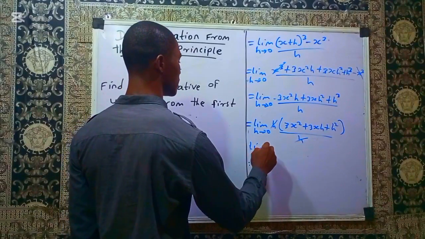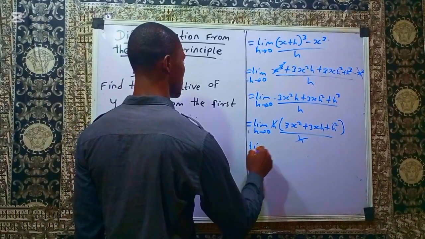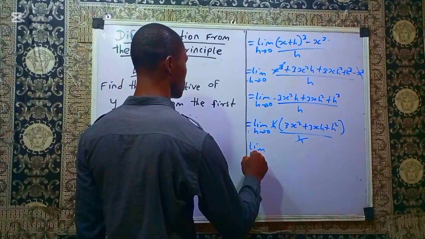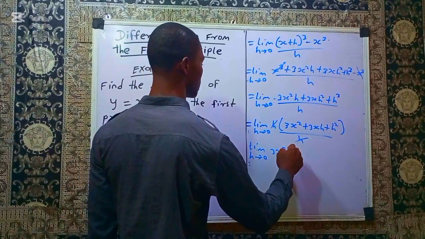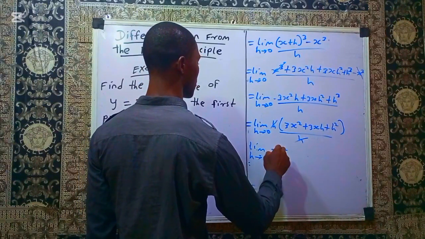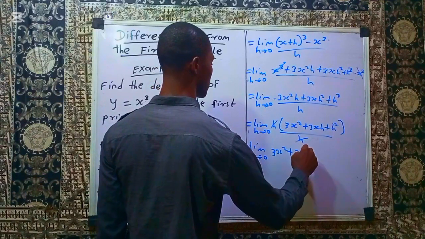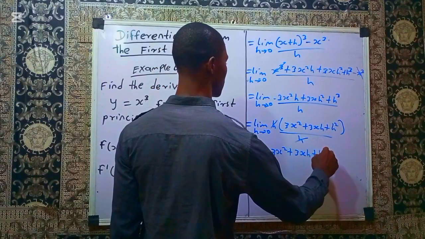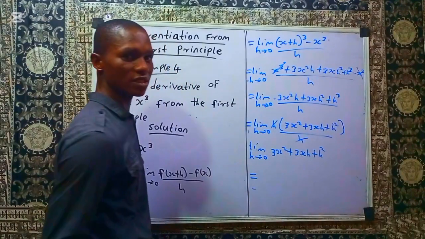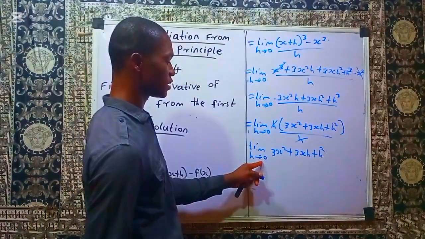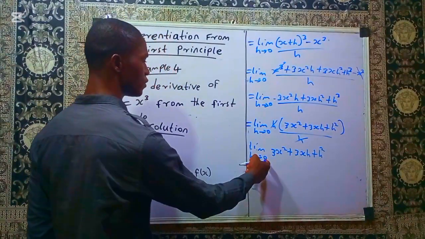You now have limit as h goes to 0 of 3x squared plus 3xh plus h squared. So h is going to 0, and you can evaluate this limit. You replace h anywhere you see it by 0.